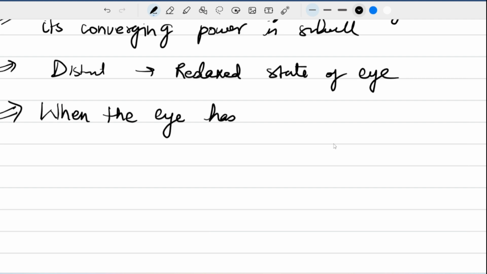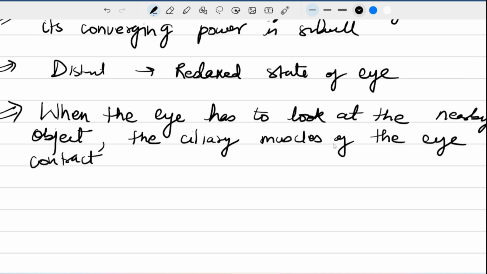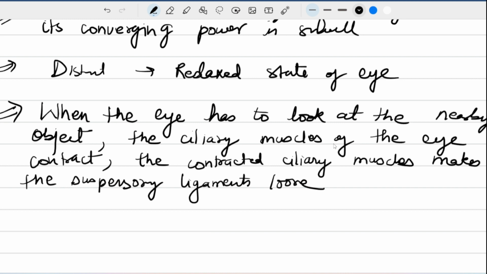When the eye has to look at the nearby object, the ciliary muscles of the eye contract. The contracted ciliary muscles make the suspensory ligaments loose. They stop pulling the lens, full stop.